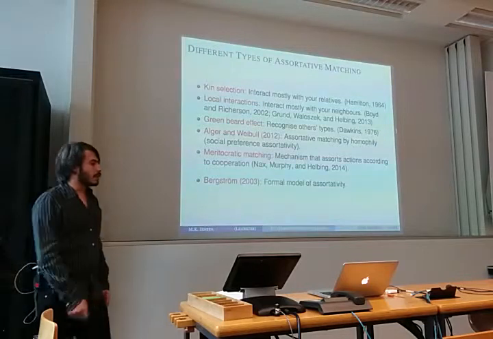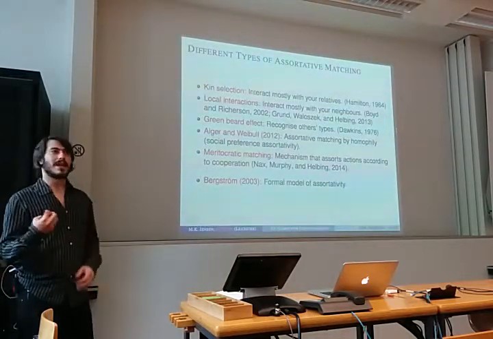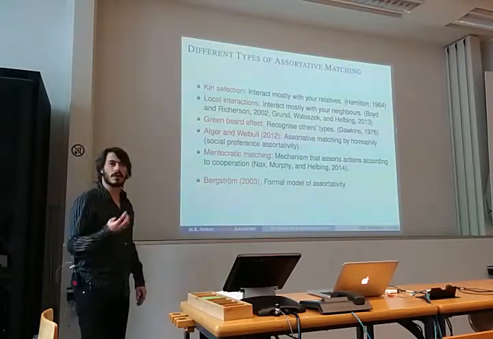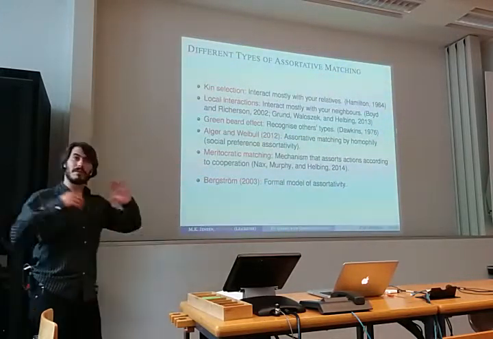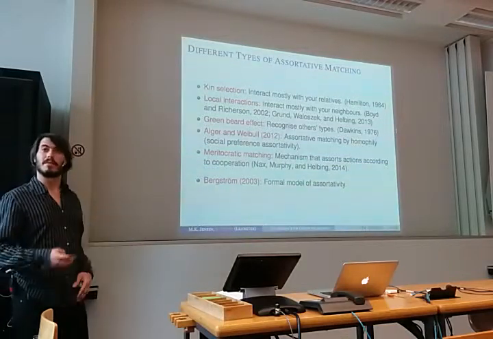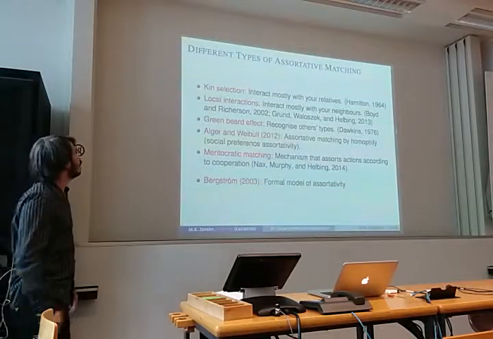Let me review the literature a bit. Assortative matching can occur with different mechanisms behind it. Here we're going to be very agnostic. We don't know what the mechanism behind it is, but let's review some examples.